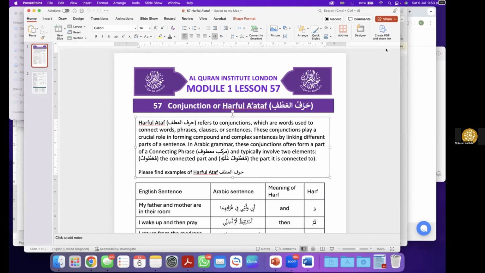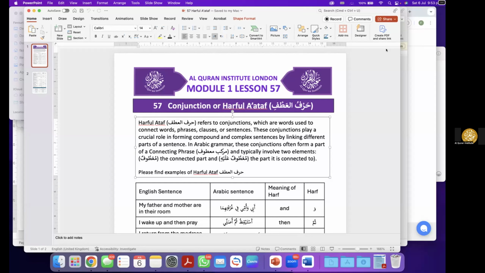It can be on the sila. There can be jumlatul fi'liya. There may be jumlatul ismiya. There may be shibu jumla, jar majrur, zarf majrur, all these. So clauses and sentence.